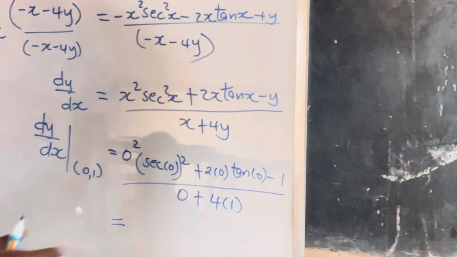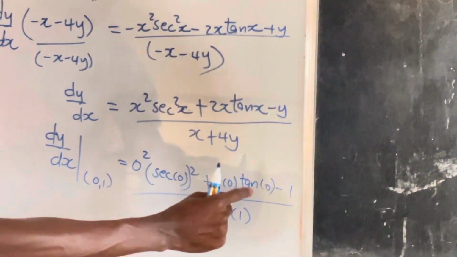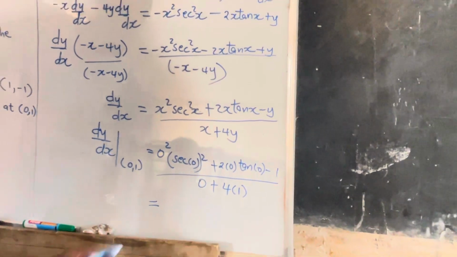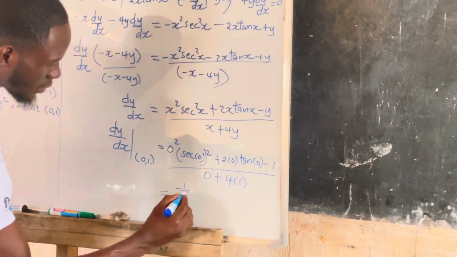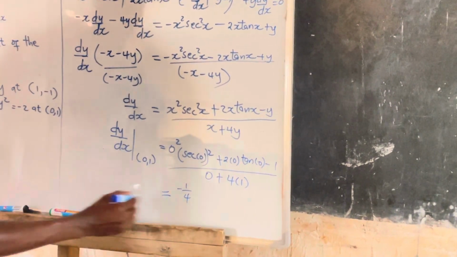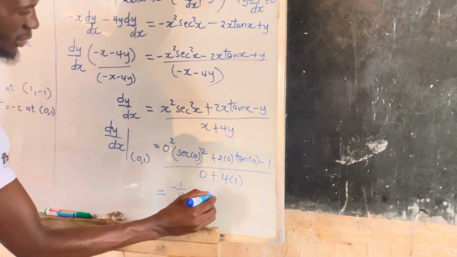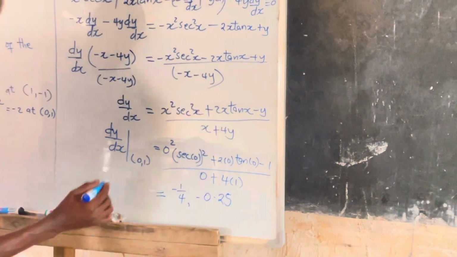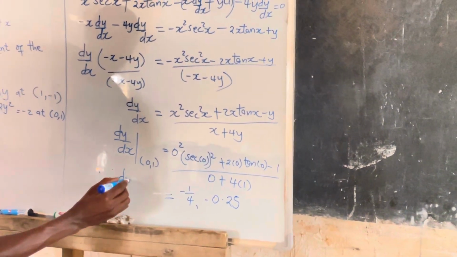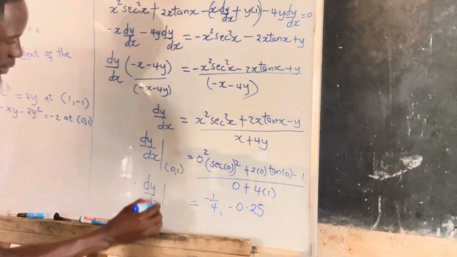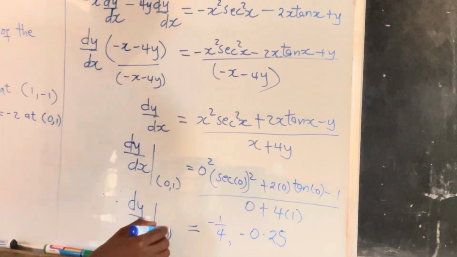So in simplification, this is already a 0, this is a 0, so I have negative 1 over 4, which is just negative one quarter, or negative 0.25. So therefore, our dy/dx at that point (0, 1) is that.